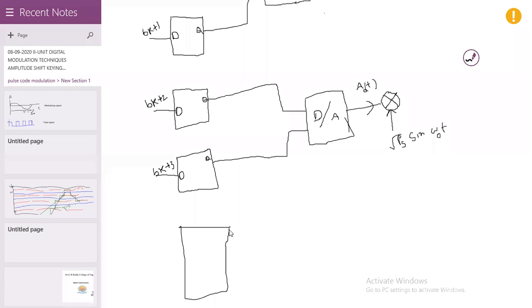The clock is produced with a duration equal to TB duration.